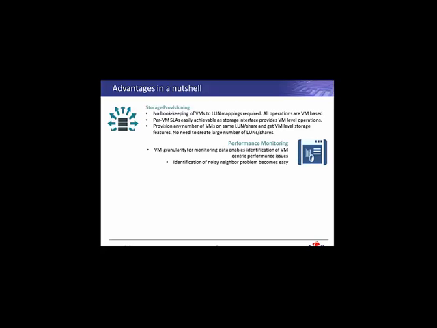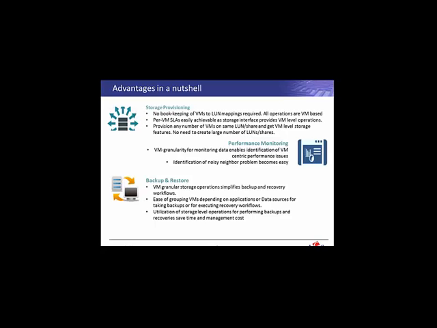There is improvement in identification and troubleshooting of VM-centric performance issues due to availability of VM granular monitoring data, and identification of noisy neighbor problem becomes easy. VM granular storage operations simplify backup and recovery workflows, with ease of grouping VMs depending on applications or data sources for taking backups or for executing recovery workflows. Utilizing storage level operations for performing backups and recoveries would definitely save time and management costs.